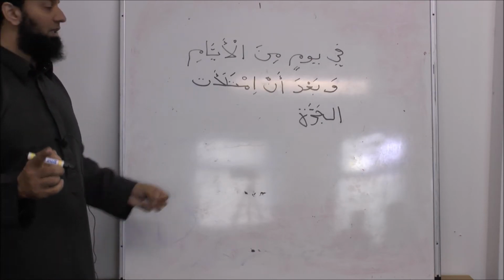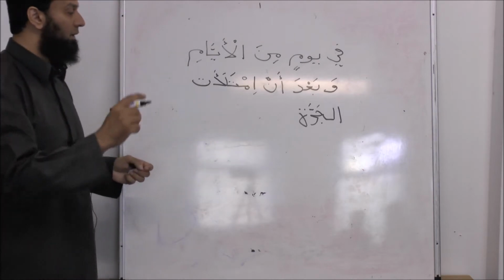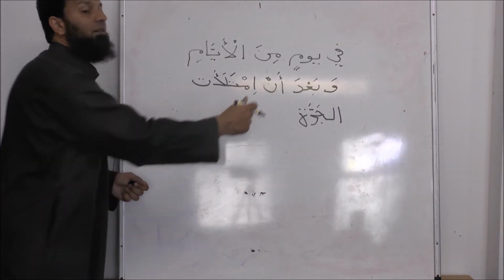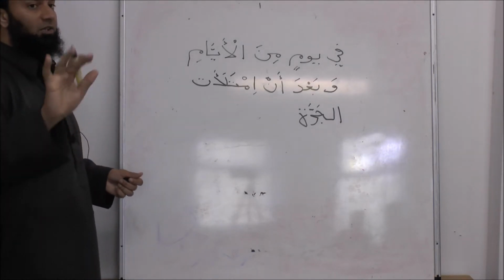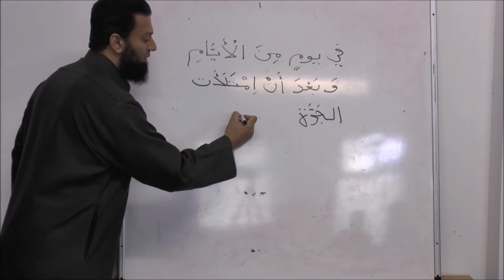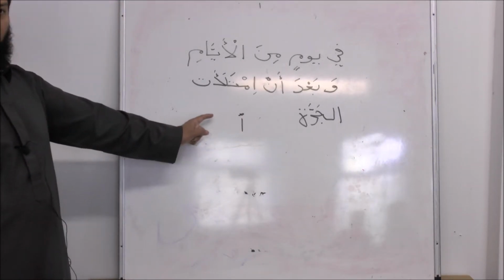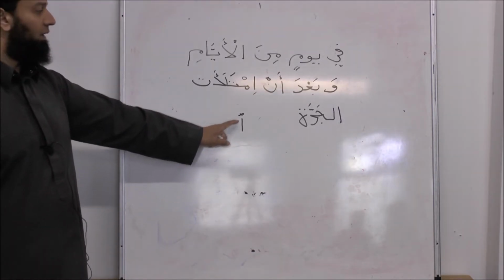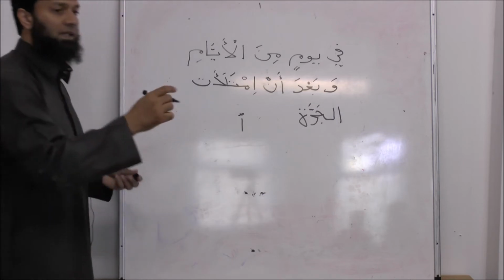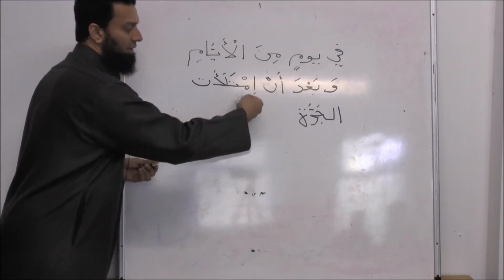A hamzatul wasl, which means that you don't pronounce it if you have a word before. Just like all the time in Al-Quran, the hamzatul wasl is like a small sad on top. You never pronounce the alif. But that sign there is specific to the Quran. In normal Arabic, it's just a kasra.